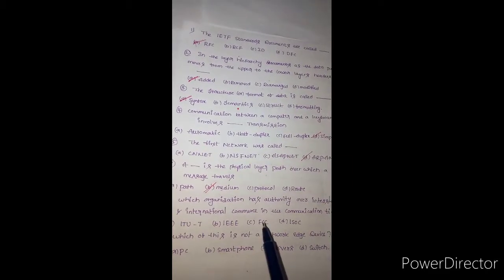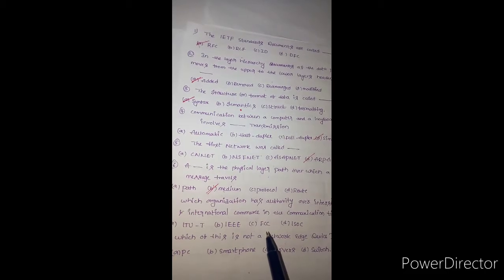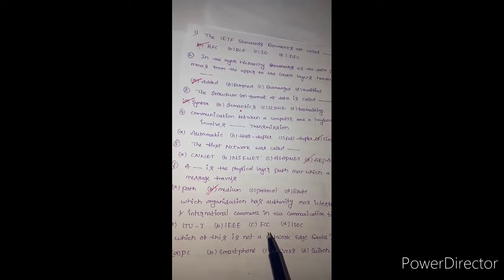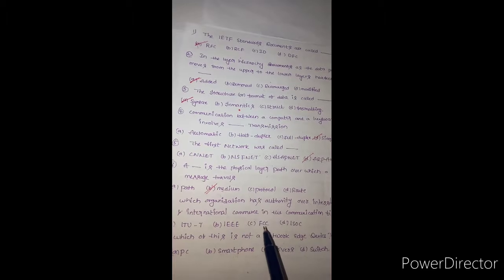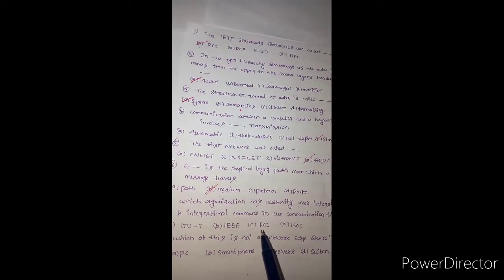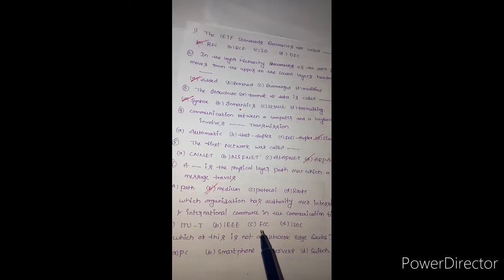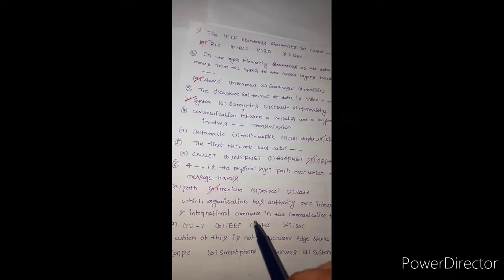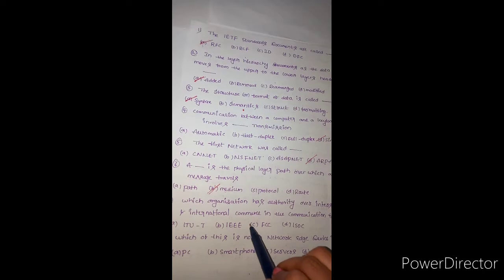Here FCC is the abbreviation for Federal Communications Commission. FCC is responsible for regulating all interstate communications, established in USA in the year 1934. So the FCC is a correct answer.